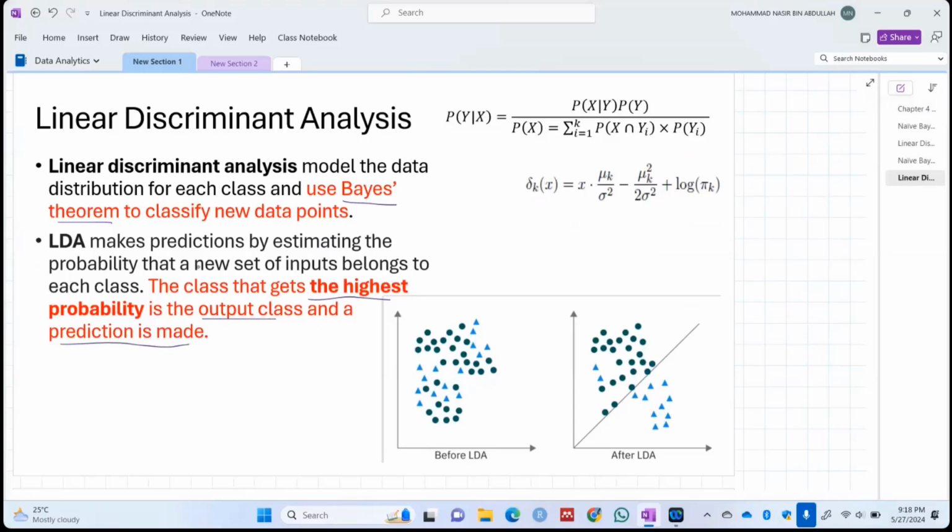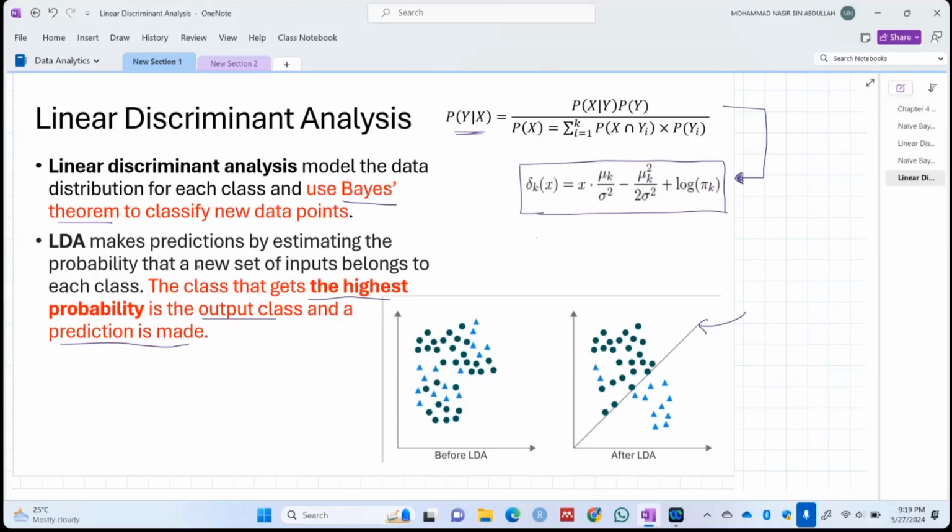So basically, we want to create this decision boundary based on the class posterior probability. The one that gives the highest value will be classified as that class.